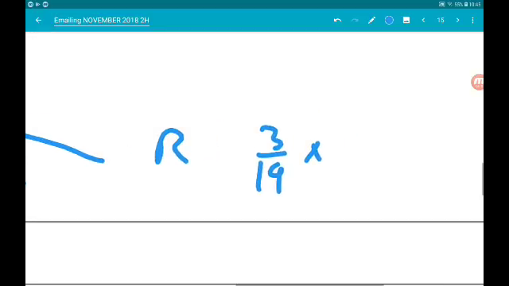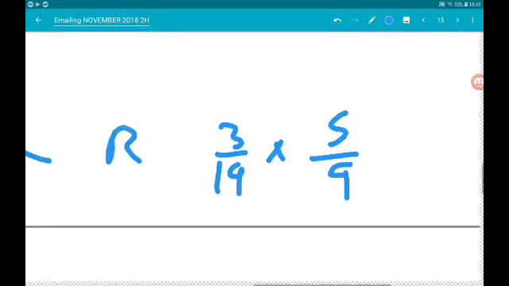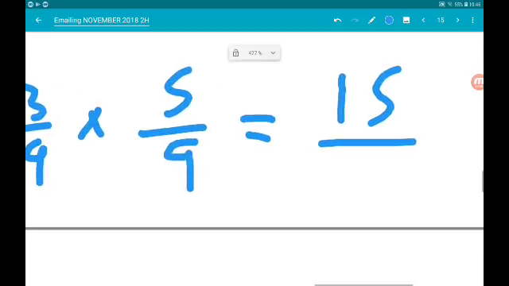Well, 10/18 is 5/9. So that's going to give us 15 over 9 times 19, which is 171.